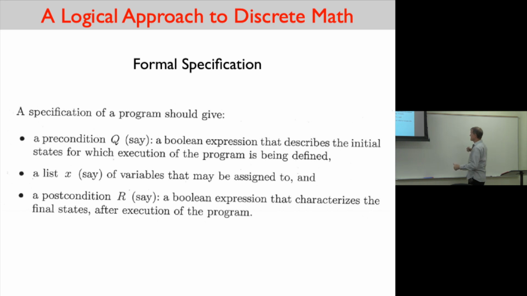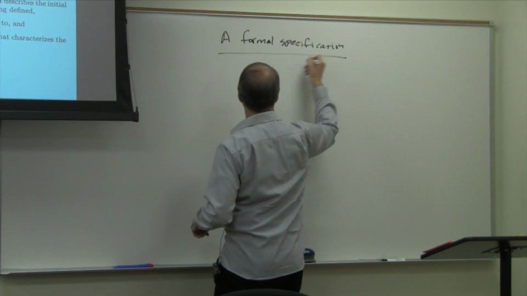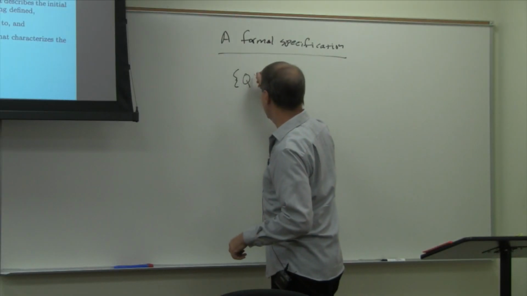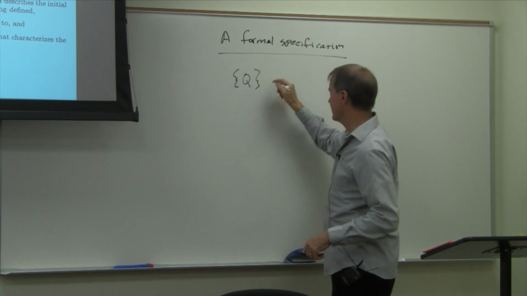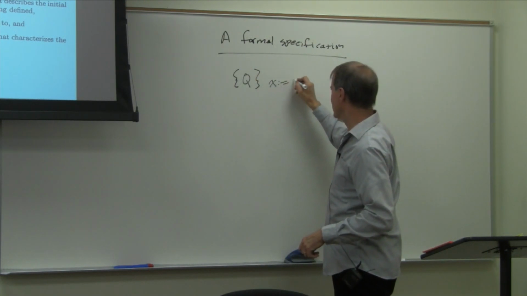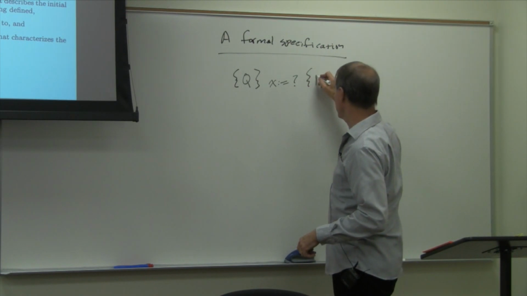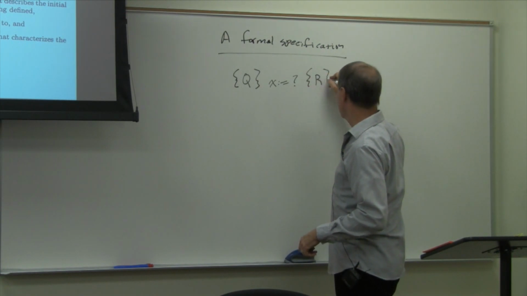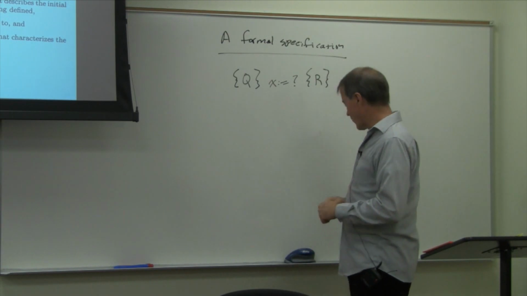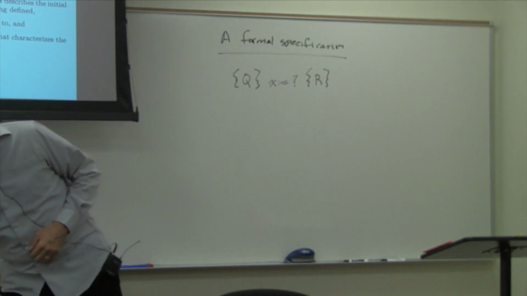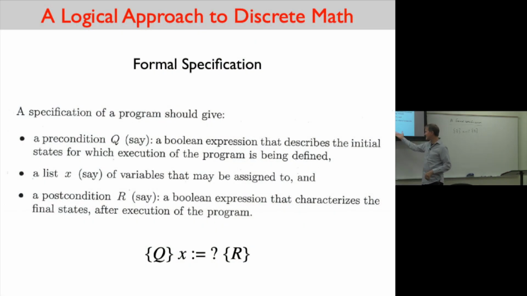Yes, it's a Hoare triple that starts with bracket, Q, bracket, and then it's X gets question mark, and then it's bracket. I forget what we used. What was so tricky about that? Let's see if you got it right. Yes, that's the shape.